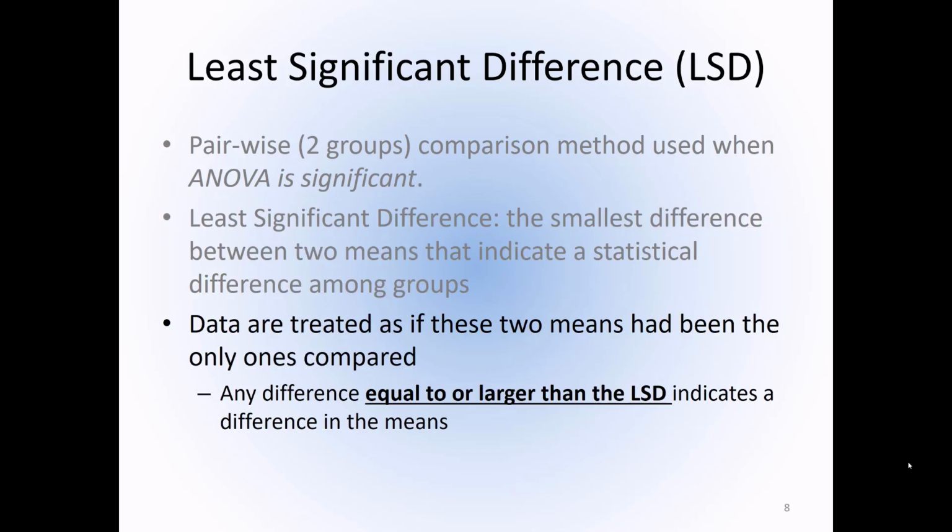And this method approaches it as if we are treating these two means as if they'd been the only ones that had been compared. So any difference between these two groups that's equal to or larger than the least significant difference suggests and indicates to us that they're statistically different.